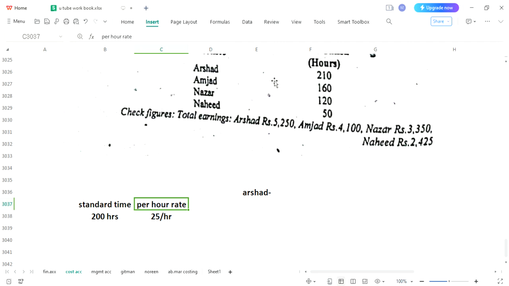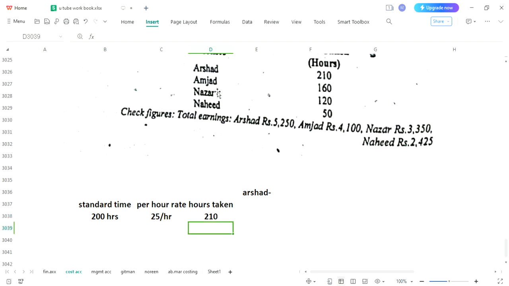Arshad has used 210 hours, while the standard time was 200 hours. It means he will not be able to get any benefit. He worked beyond the limit of standard hours. So hours taken would be mentioned over here: hours taken are 210.